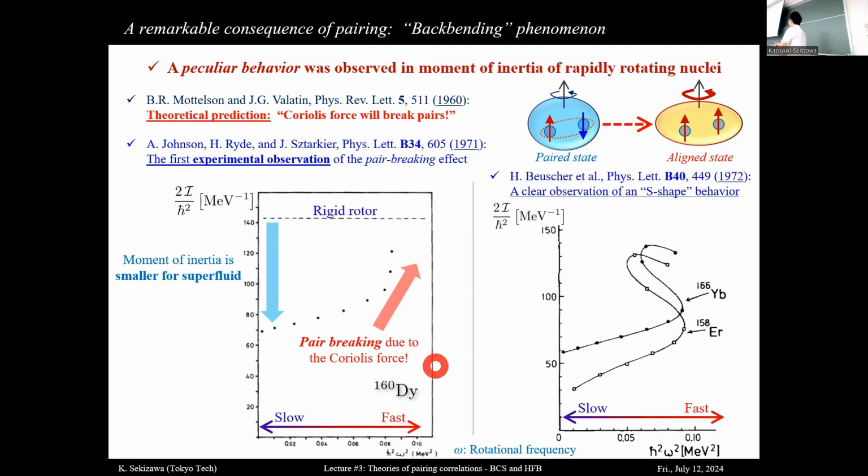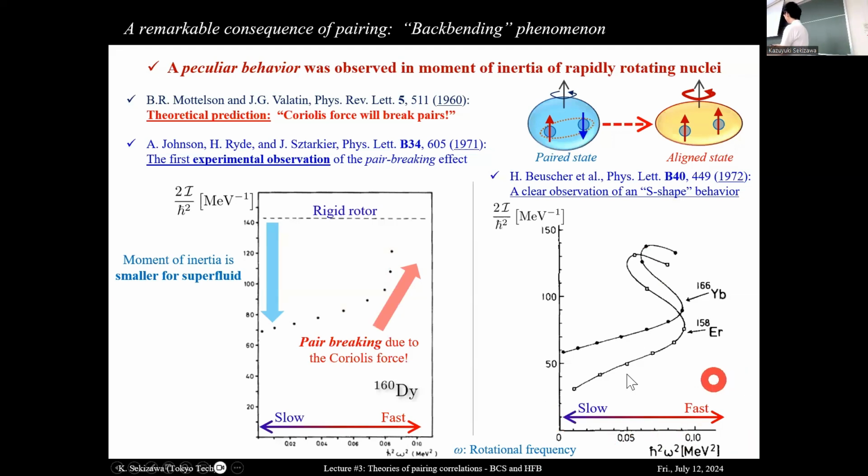But later, another experiment was published. Experimental data was published in 1972, and it shows some peculiar behavior as shown here. In this case, other deformed nuclei, erbium isotopes, show a different kind of behavior as a function of the rotation frequency.